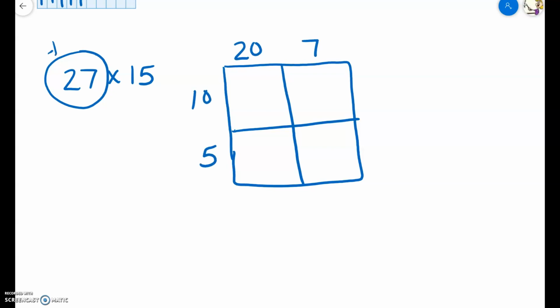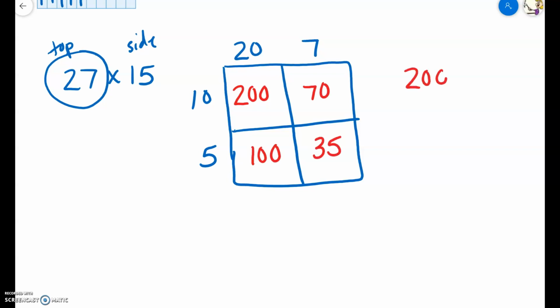One of them goes on the top, one of them goes on the side. It doesn't matter which one, you don't want to mix them up. And then we fill in our area model. So 20 times 10 is 200, 7 times 10 is 70, 20 times 5 is 100, and 7 times 5 is 35, and then we add all of those up.